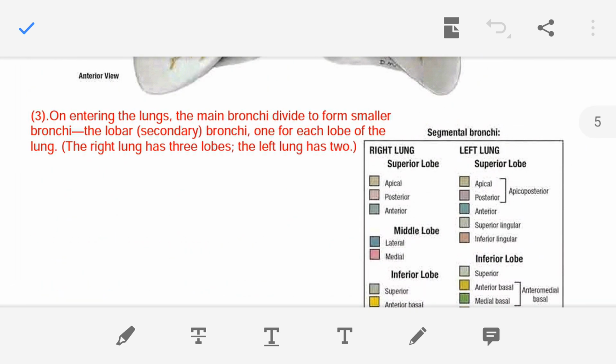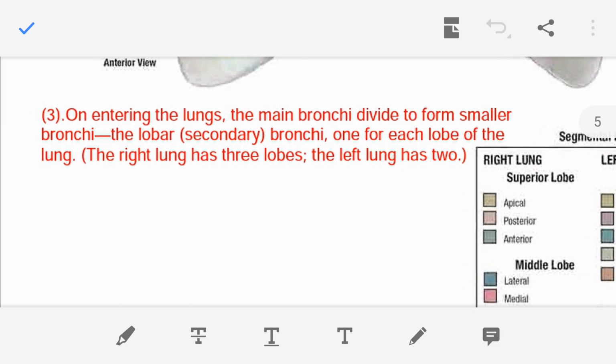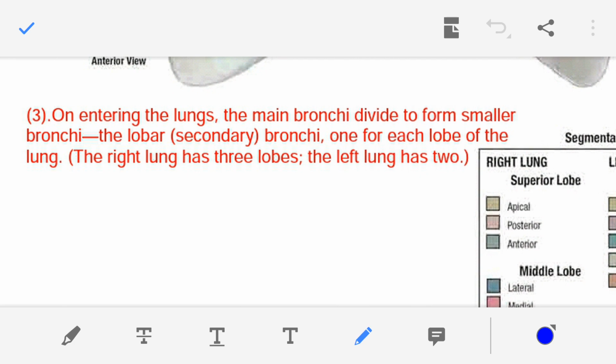Now the third point. Now what happens to the left lung and the right lung? In the left lung, the left main bronchus enters, and in the right lung, the right main bronchus enters.